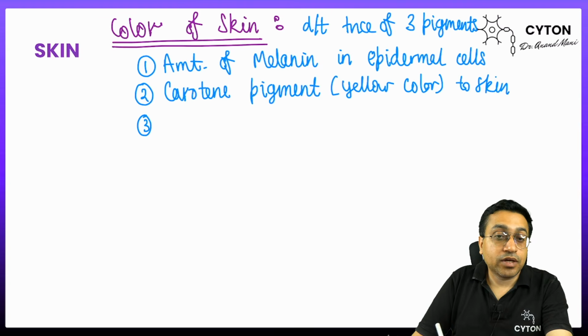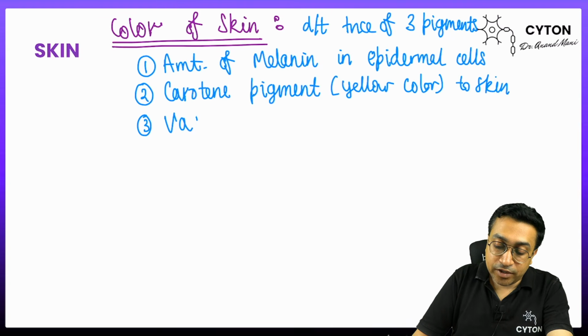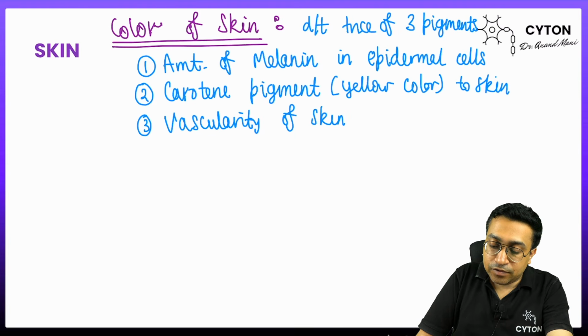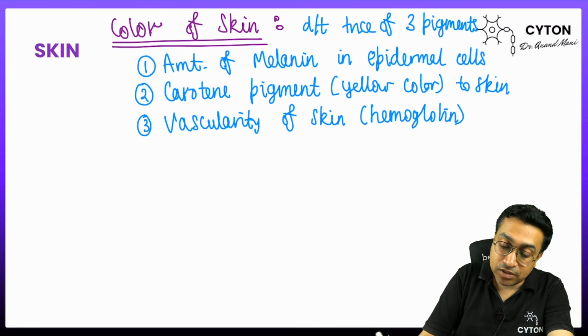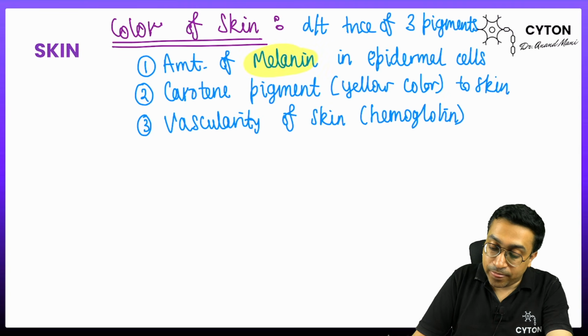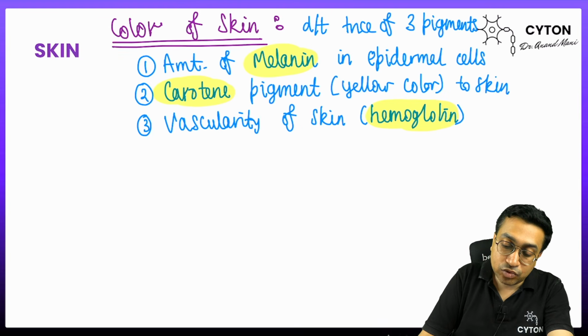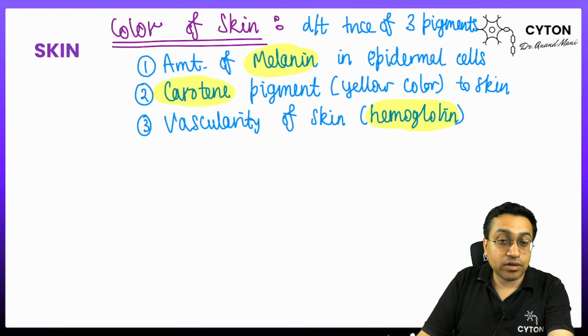Number three, we have the vascularity of the skin, that is due to the hemoglobin content. You know, in anemia the skin becomes a little pale, okay. So I am highlighting here melanin, carotene, hemoglobin. These three are classically important for the normal color of the skin.